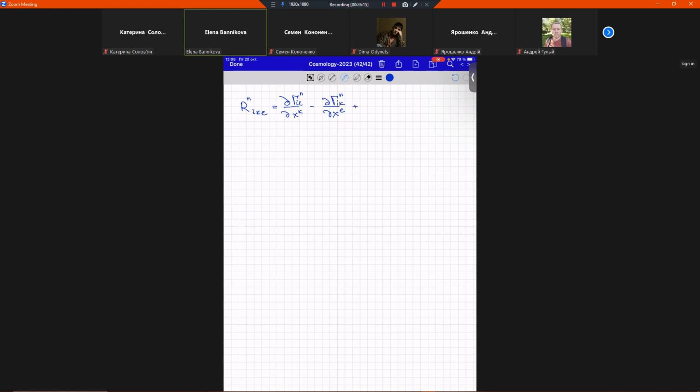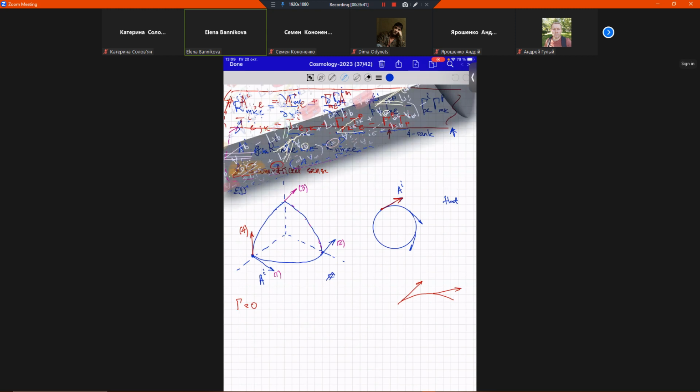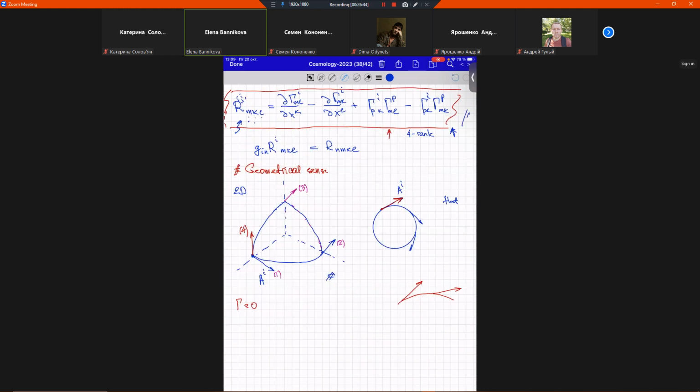So plus, you can just rewrite looking at the formula: here N, here summation index P, and here P, K, I, L, minus gamma P, L, N, gamma P, I, K. This corresponds to the formula which we obtained here.